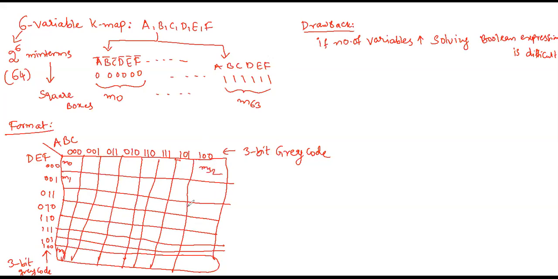This is 1, 0, 0, 1, 0, 0, which is M36. Like this, fill the remaining boxes. And here, after 4 boxes, 1, 2, 3, 4.